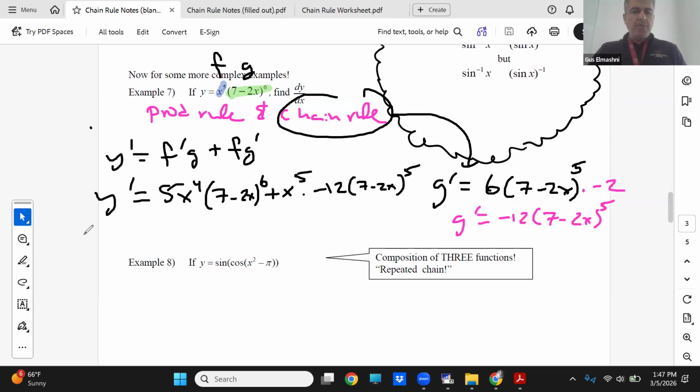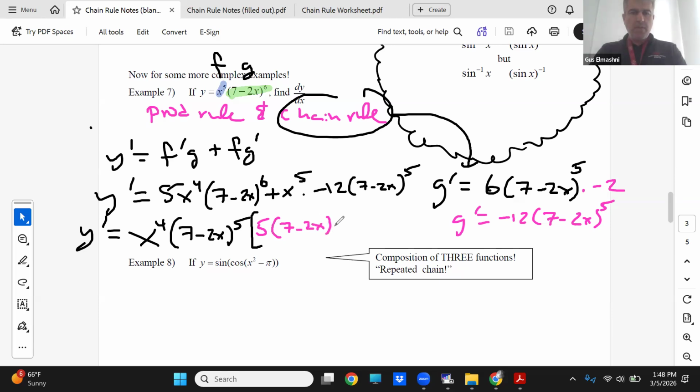And if you wanted to clean it up just a little bit, I could factor out x to the 4th and factor out 7 minus 2x raised to the 5th power. If it's multiple choice, it probably would show that. And then what's left behind? 5 times 7 minus 2x, minus 12x.